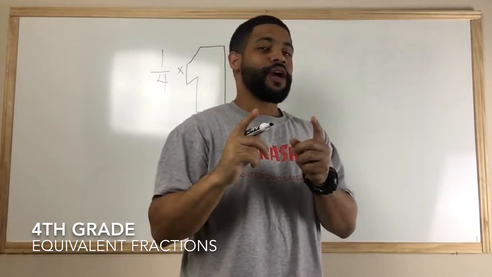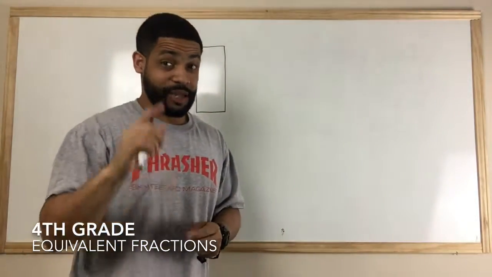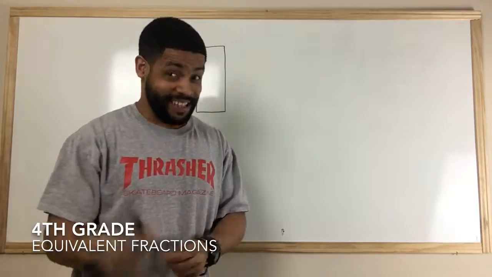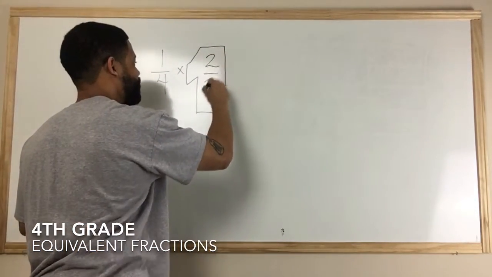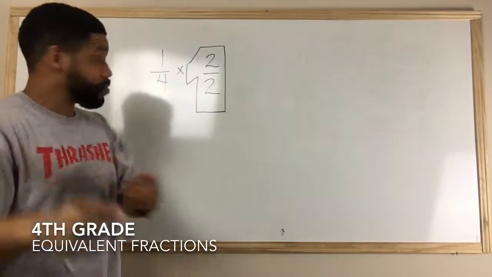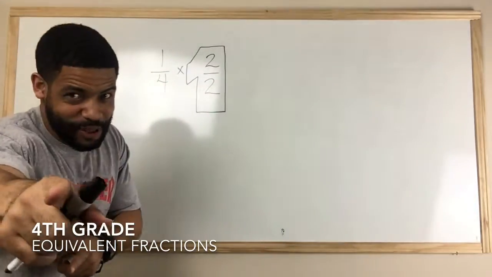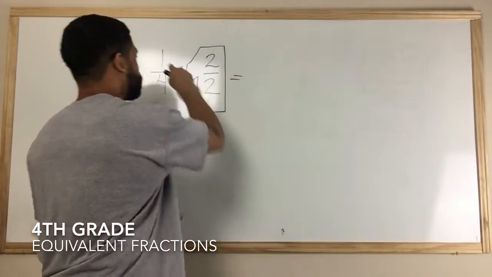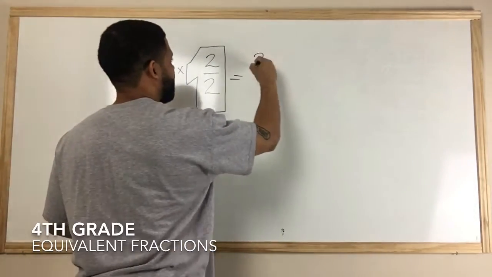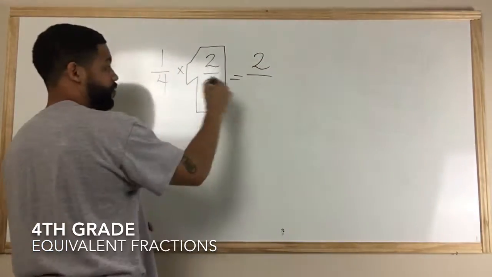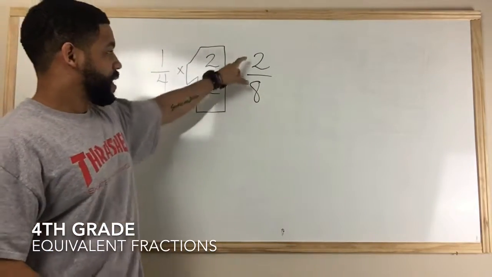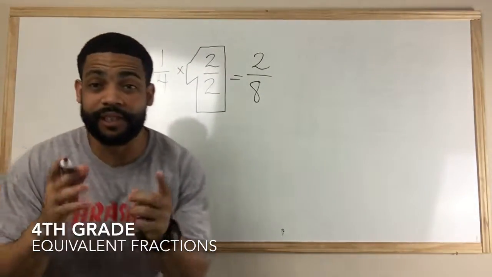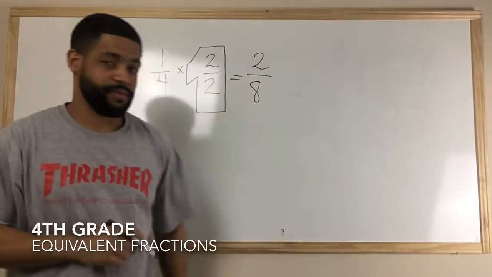Remember, if we have a fraction with the same numerator and denominator, it's equivalent to 1. So let's say I have 2/2, which is equivalent to 1. That's why I have the big 1 there. So if I multiply 1 times 2, I get 2. If I multiply 4 times 2, I get 8. So 1/4 and 2/8 have the same value.